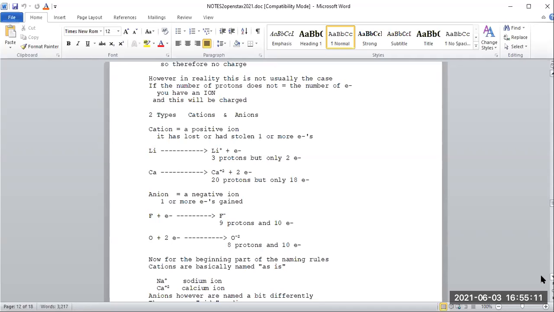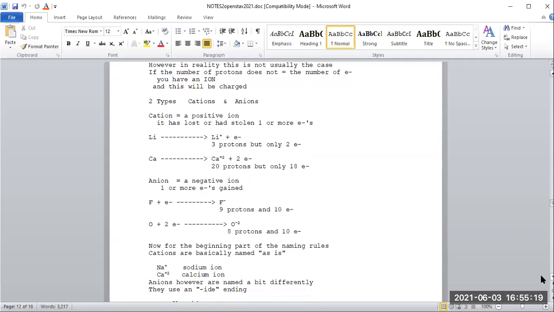So let's pick on lithium. Lithium has 3 protons because it's number 3 on the periodic table. And if you steal one of the electrons, you will end up with a lithium ion, and the electron goes to live with somebody else.